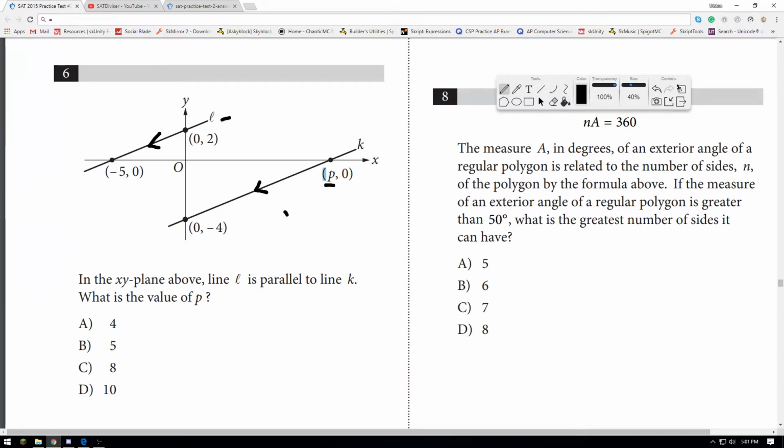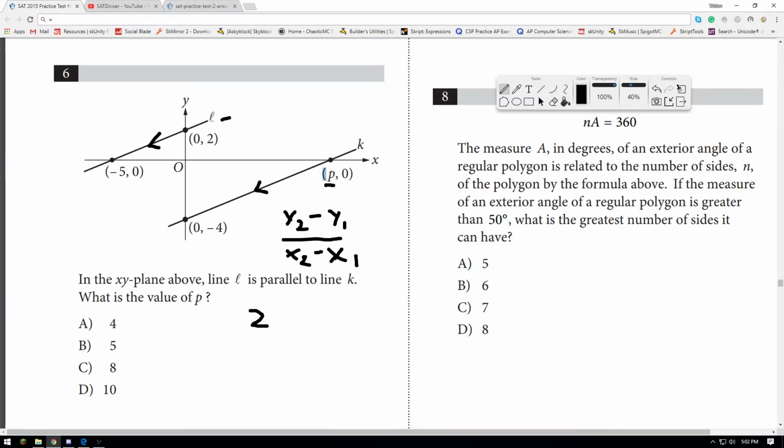So we do this weird formula, y2 minus y1 over x2 minus x1. You might have remembered this from Algebra 1. So we're going to try to find the slope of line L. Our first y is y2, so that would be 2.